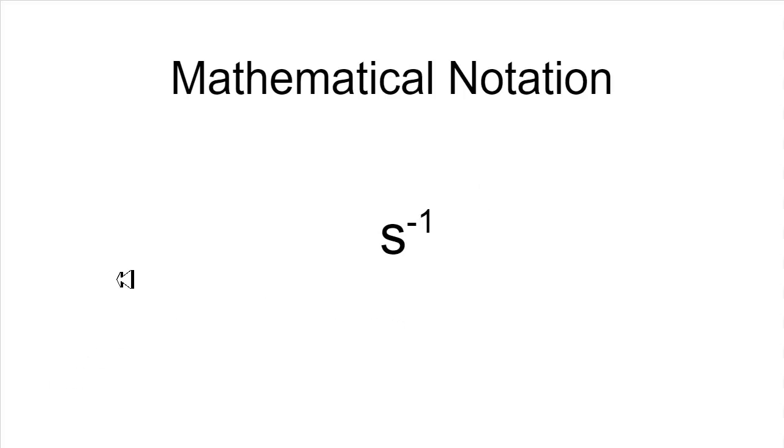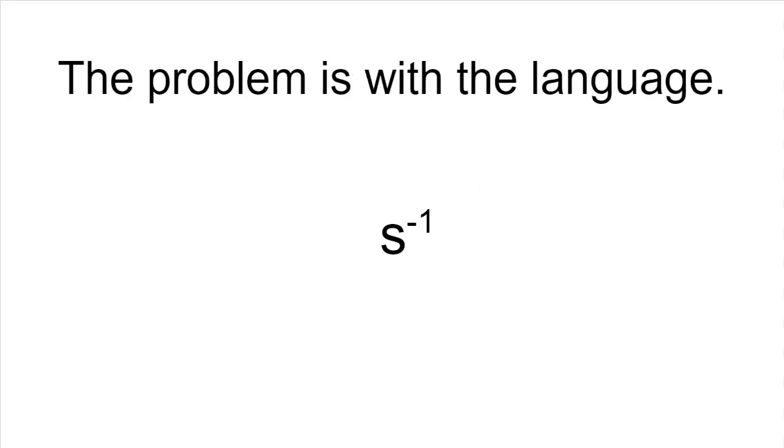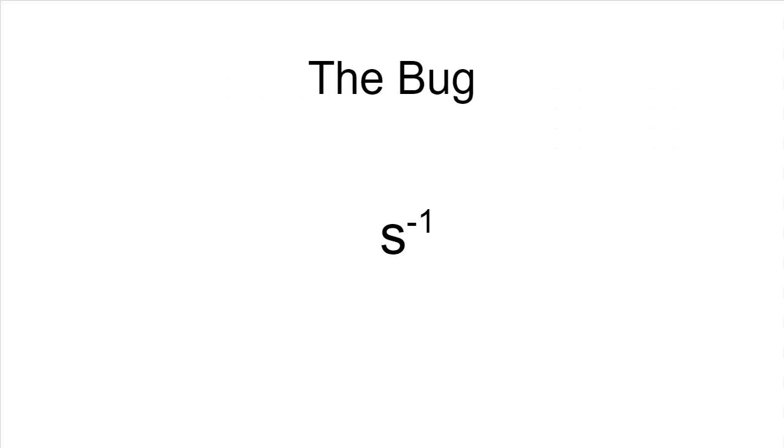This, I believe, is the source of the problem, and as I've been saying all along, the problem is with the language. And in particular, the problem is with the symbolic language of mathematics. So it is my opinion that the symbolic language is the source of the bug that I talk about in some of my other videos.